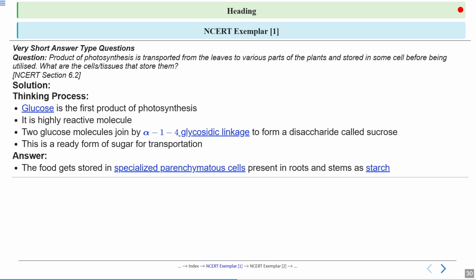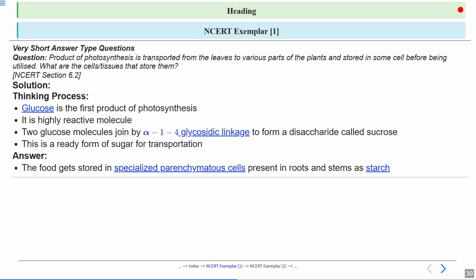Two glucose units unite together to form a disaccharide, sucrose. Sucrose is transported via phloem. Now when it reaches the parenchymatous cells for storage, this sucrose is transformed to starch. So starch is the storing food material that is stored in some roots.